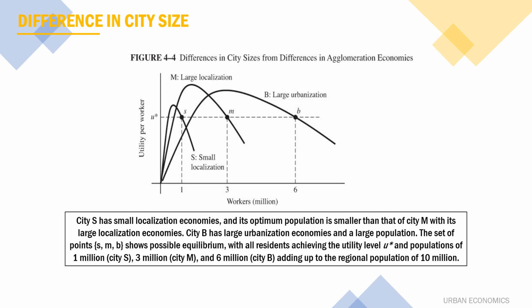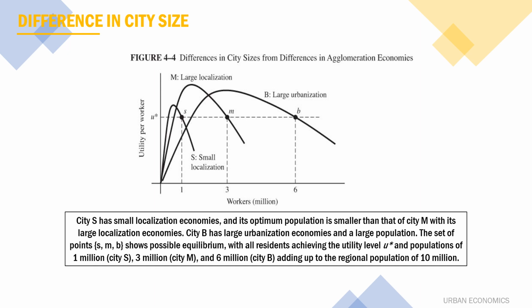The utility level is the same in all three cities, and the workforce of 1 million in the small city, 3 million in the medium-sized city and 6 million in the big city will add up to the regional workforce of 10 million.